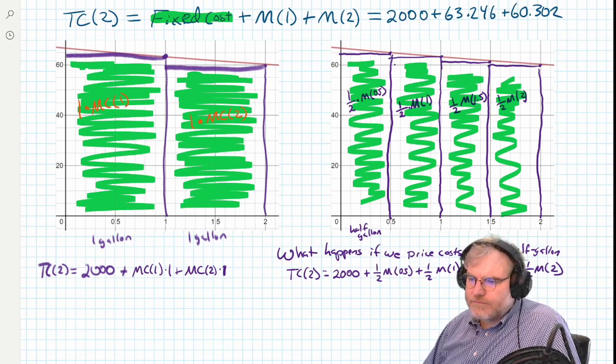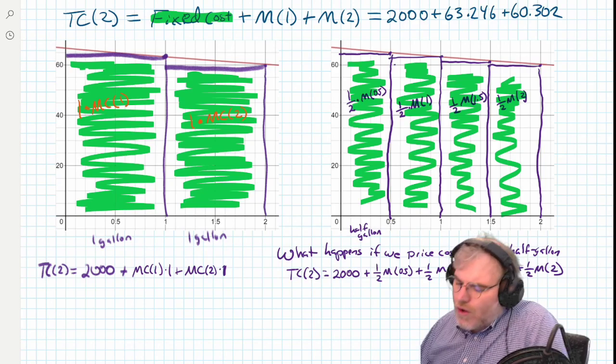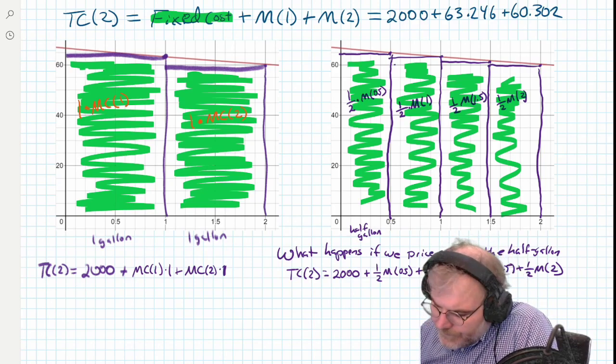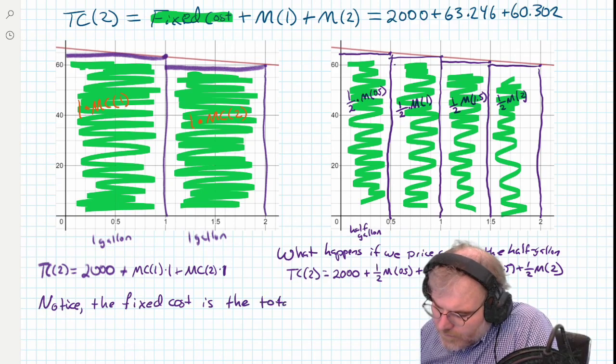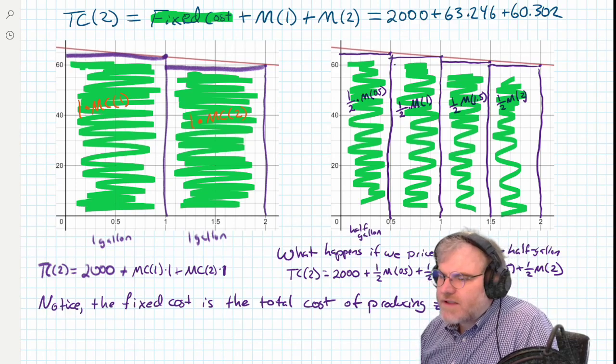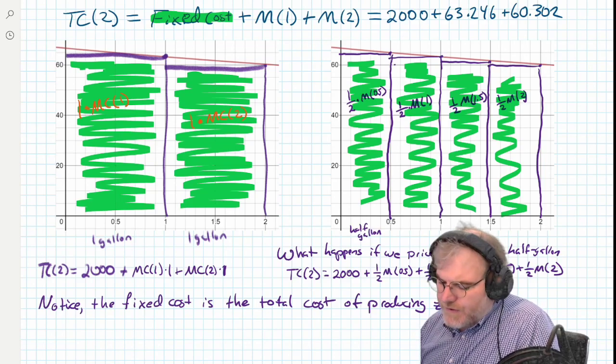Now, what is the total cost? What is this fixed cost? That's the total cost. The fixed cost is actually the total cost of producing 0 units.